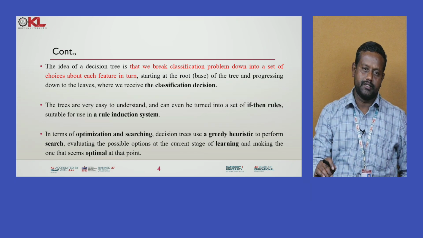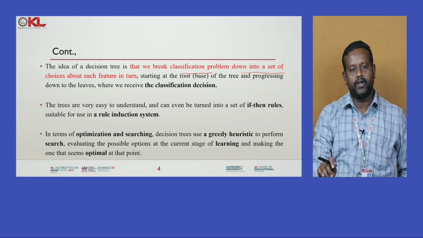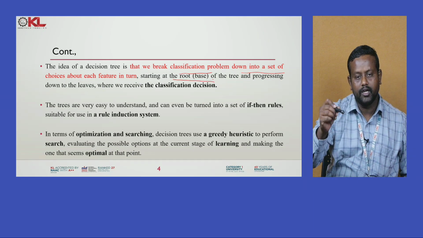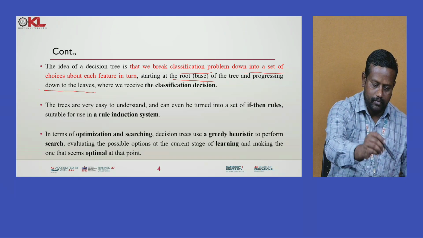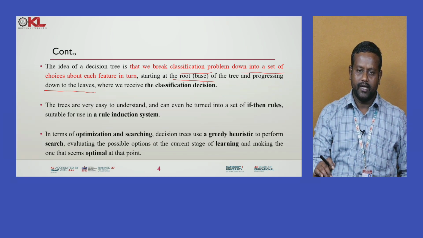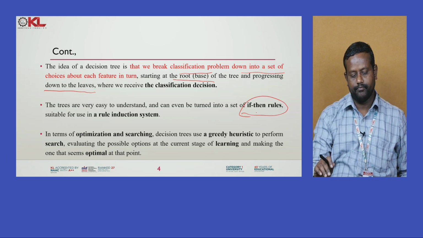The idea behind this decision tree is that we break the classification problem down into a set of choices about each feature in turn. Especially as the tree structure, it starts from the root and reaches the leaves where we receive the classification decision. The trees are very easy to understand and can even be turned into a set of if-then rules.